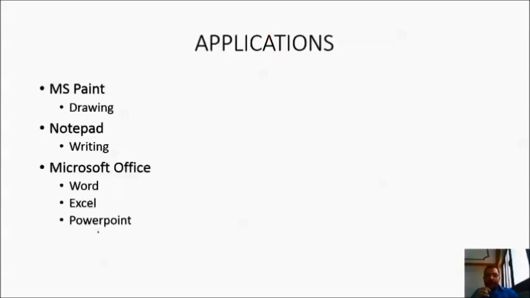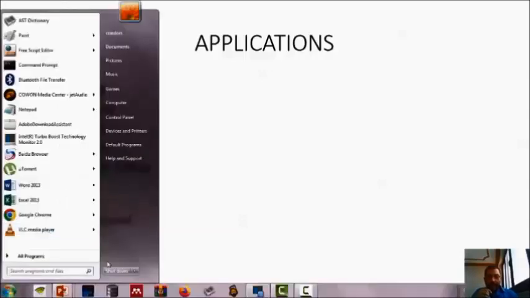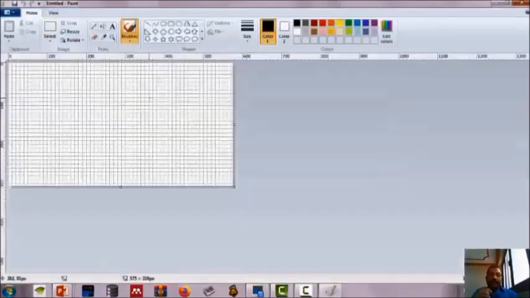Here, before the questions, I will give an overview of these very important programs or applications. For drawing, we have MS Paint. It's a simple application for drawing. Here we have this grid or workspace.